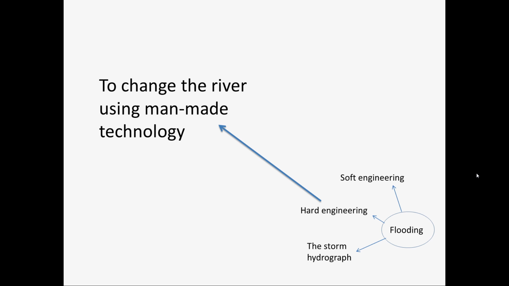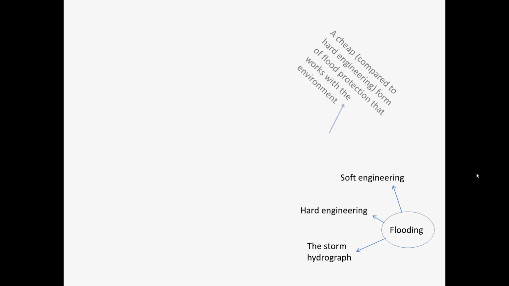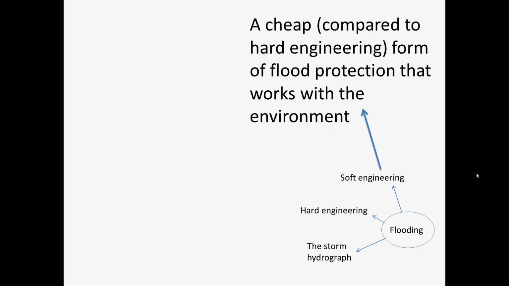I'm sure you can find a funny way of remembering that. Normally the funny ways are easier to remember than the boring ways. Soft engineering is the eco-friendly, cheaper one, a form of flood protection that works with the environment, like afforestation from last week, which is the opposite of deforestation. They plant trees on the edge of the rivers and things.